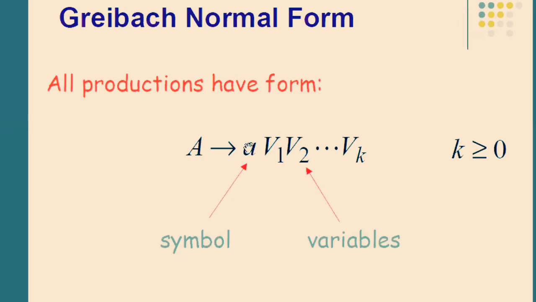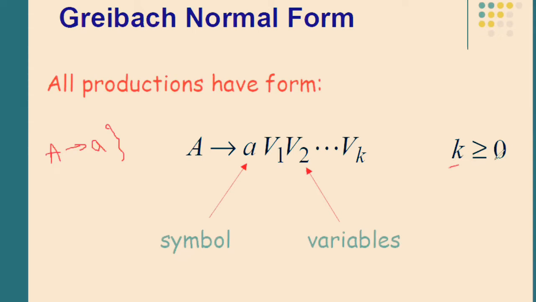Okay. These variables that I have mentioned are V1 to Vk, and there is no rule that there must be up to k variables. It can be one variable also. Suppose I write A tends to a, it is also in Greibach normal form, where V1 to Vk occurs 0 times.